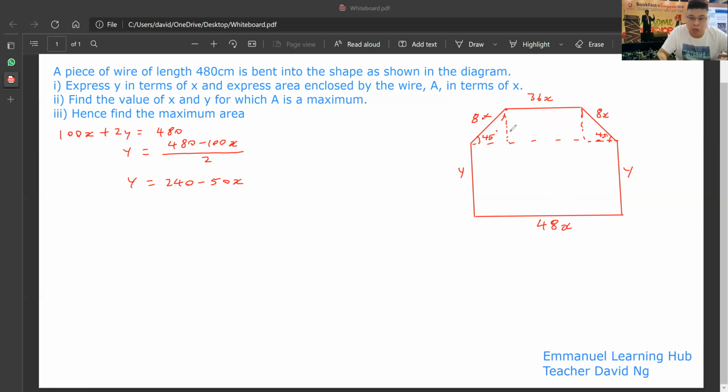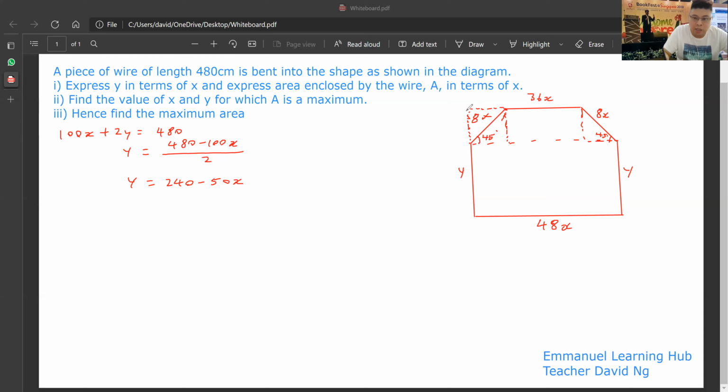Then 45 degrees means isosceles triangle here, right? That means this part plus this part, you get a square. You understand? Okay.